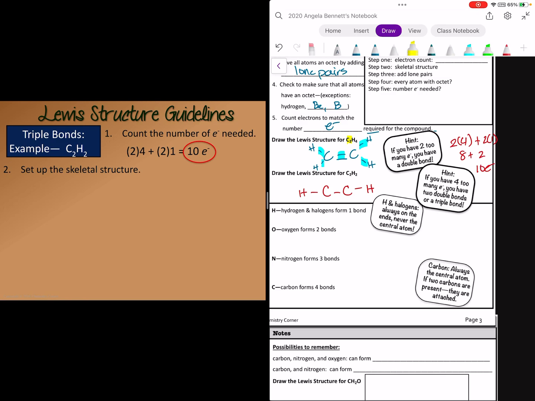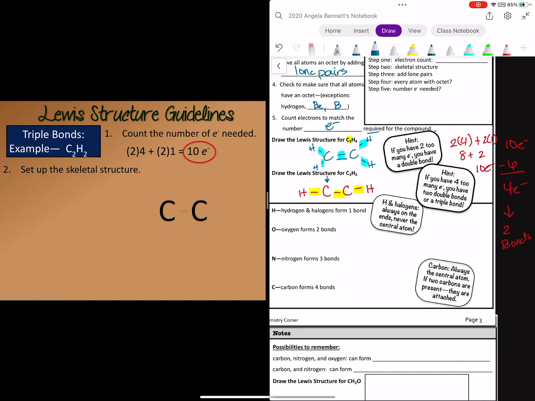Now, the way I prefer to do it is count these up. I just used 6. So I have 10 electrons and I drew 6. So I have 4 electrons left. So 4 electrons left is going to be 2 bonds. But if you take a quick count, this carbon right here currently only has 4 electrons touching him.